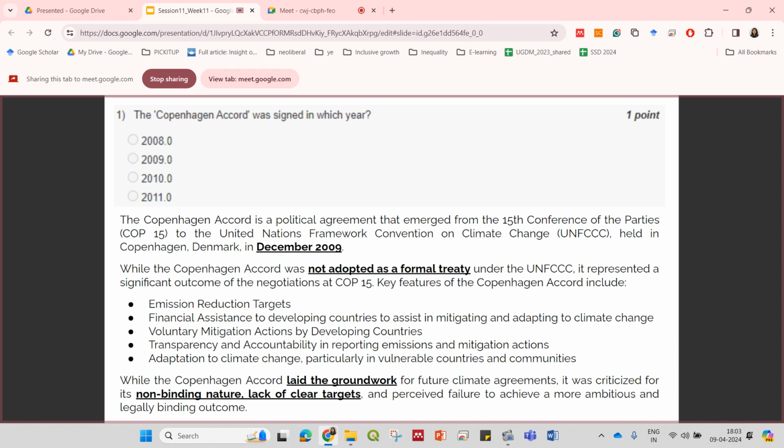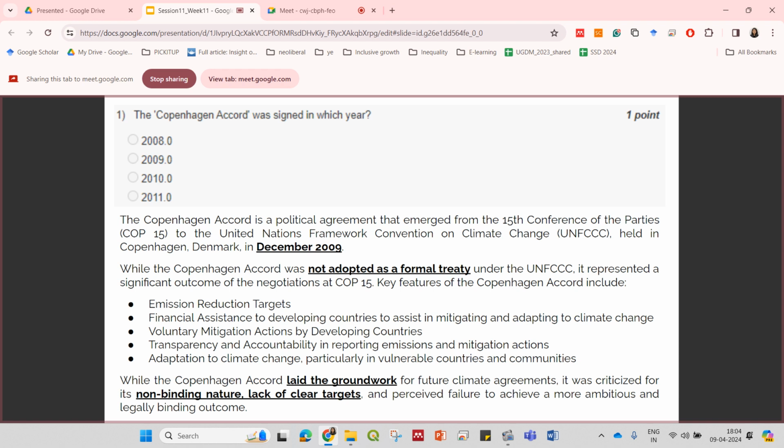But it did represent a significant outcome of the negotiations under COP15, and it was sort of a groundwork or initial beginning of developing a formal treaty through which the convention for UNFCCC could be adopted by different countries.